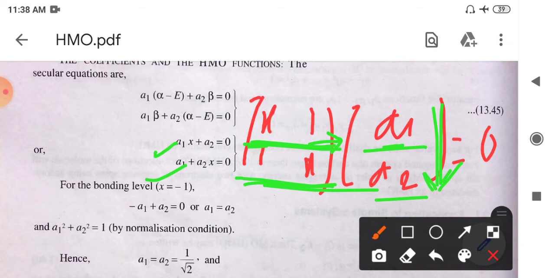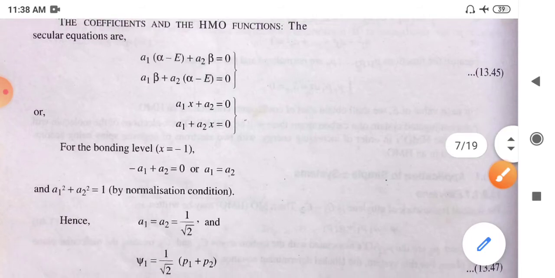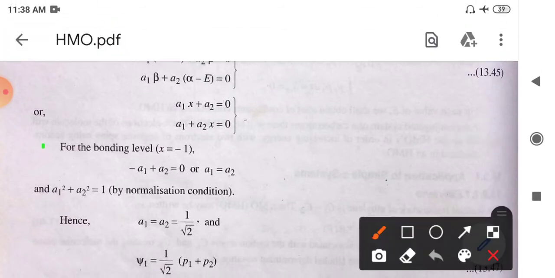Now there are two values for x. If you put the bonding energy level, that is x equals -1, we will get a1 equals a2. These two coefficients come out to be equal. Also from the normalization condition, we know that the sum of the coefficients squared for the given wave equation comes out to be 1.